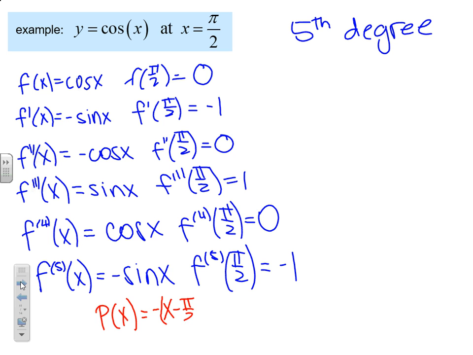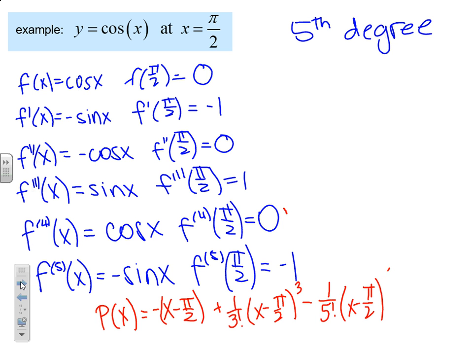It's x minus pi over 2. Yes, for this negative 1 right here. We don't have an x squared term, but then we're going to have 1 over 3 factorial times x minus pi over 2 cubed. We don't have a 4th degree term, but then our 5th degree term would be negative 1 over 5 factorial times x minus pi over 2 to the 5th.